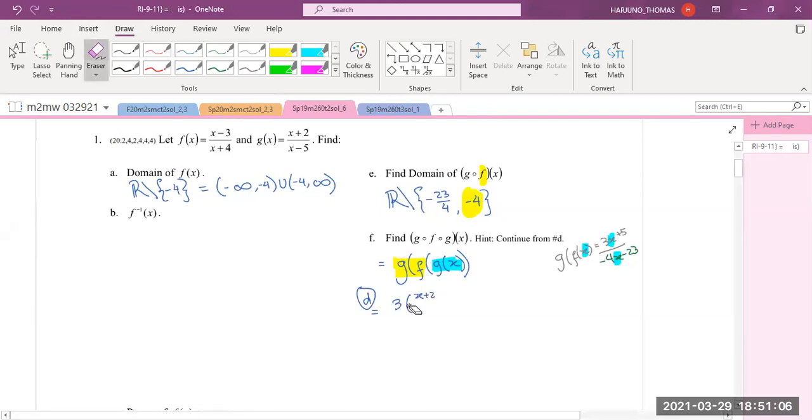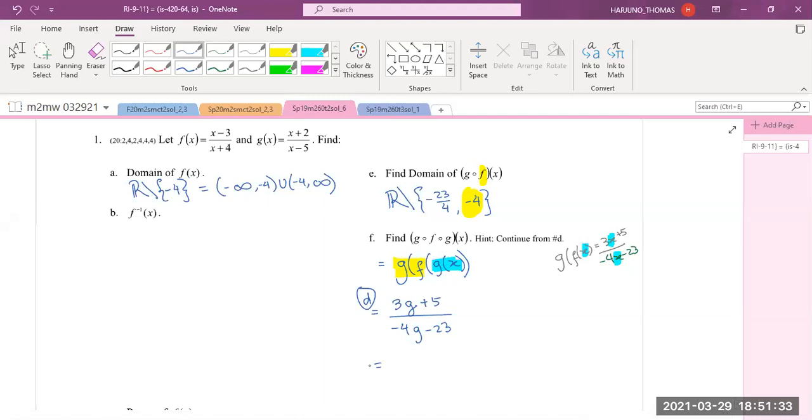Maybe I write it this way first so that I can see better. This is 3 times g plus 5 over negative 4g minus 23. Okay, g of f of blah is 3 blah plus 5 over negative 4 blah minus 23. Now, if you replace that blah by g, then we get 3g plus 5 over negative 4g minus 23. But our g is an ugly guy, x plus 2 over x minus 5.